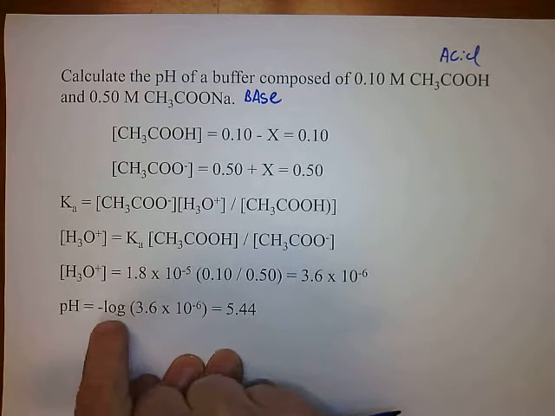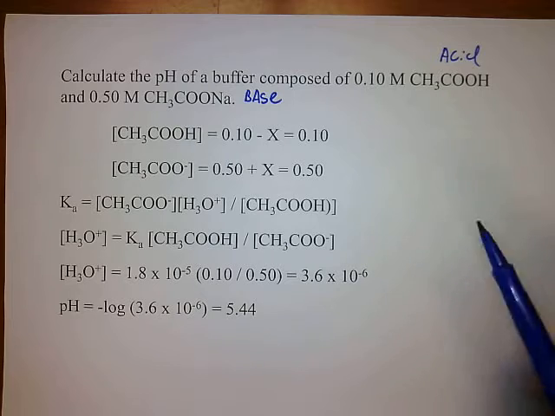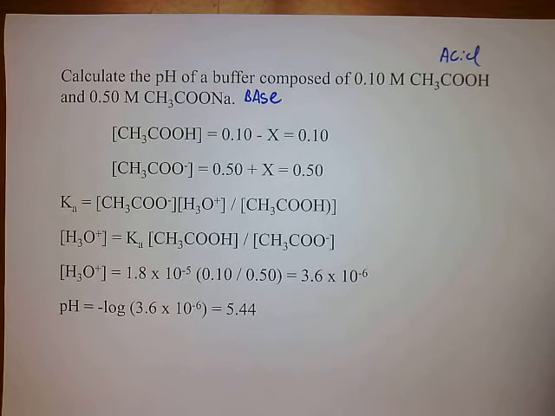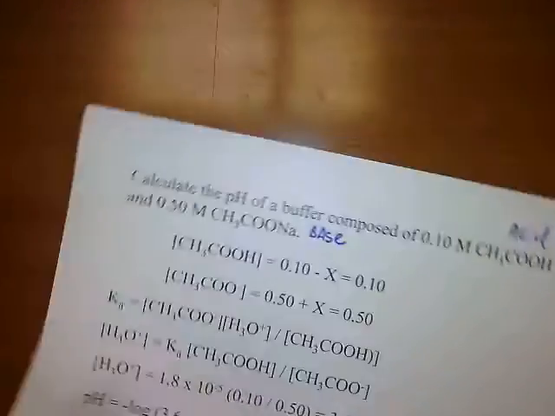You take the negative log of that, and you get 5.44. Okay? So the pH is indeed higher than 4.74, which is what we were predicting, right? We figured there's more of the base component, so the pH is going to be higher.